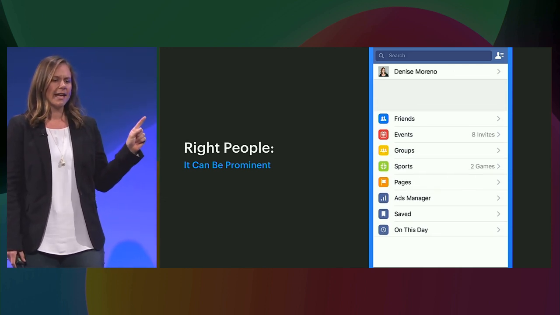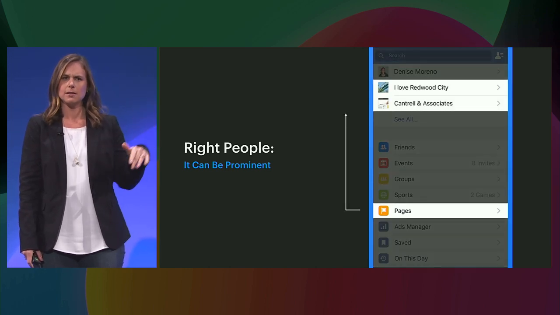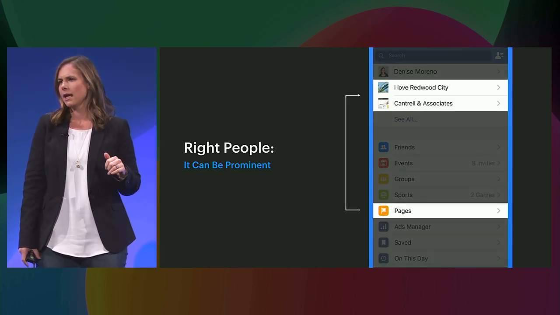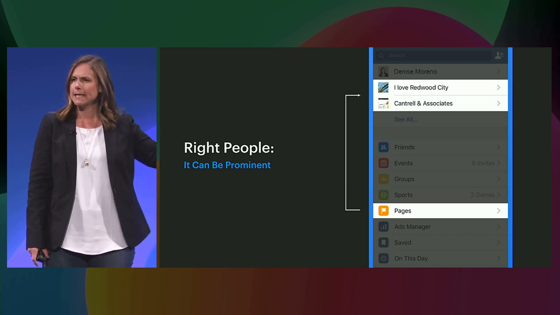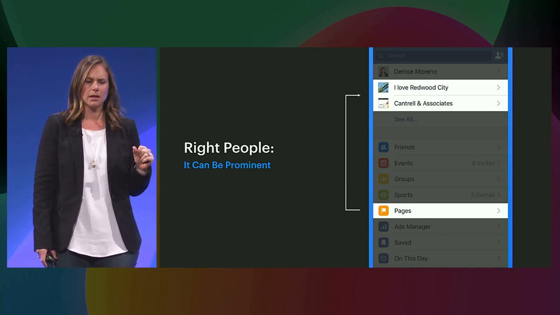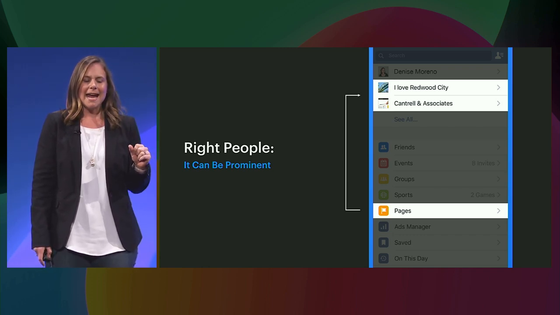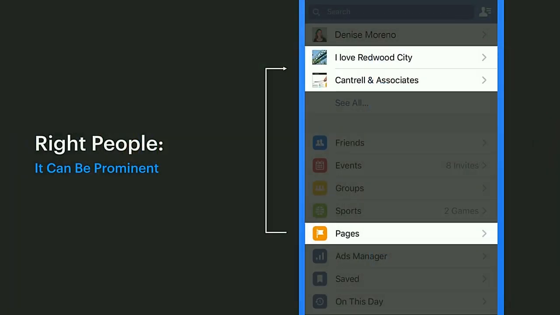So we brought the page admins' pages up to the top, like your identity placement within the tabs. And this dramatically increased the number of people who were interacting with their pages. It made it so the Pages ecosystem was in a really healthy place.